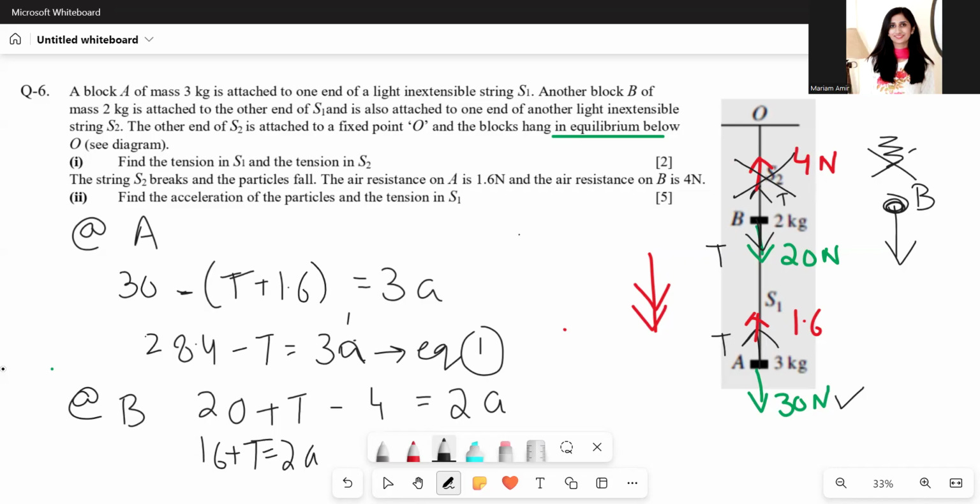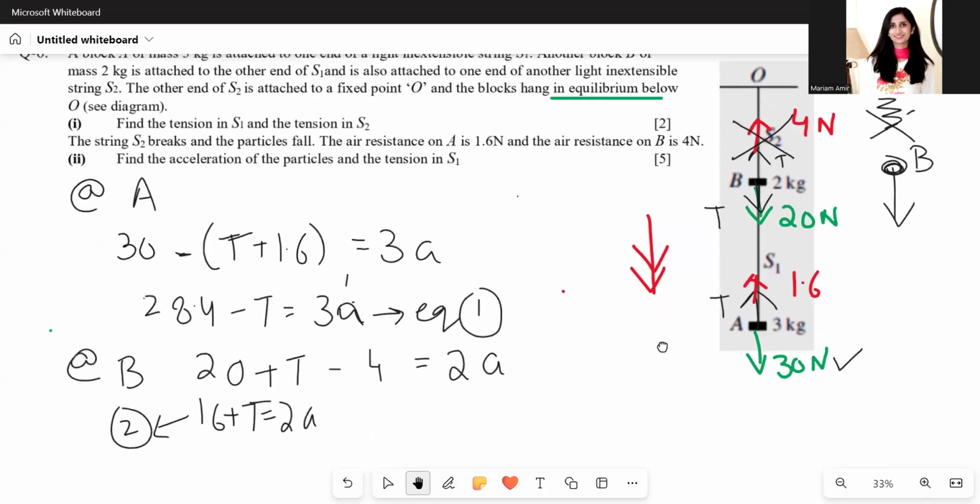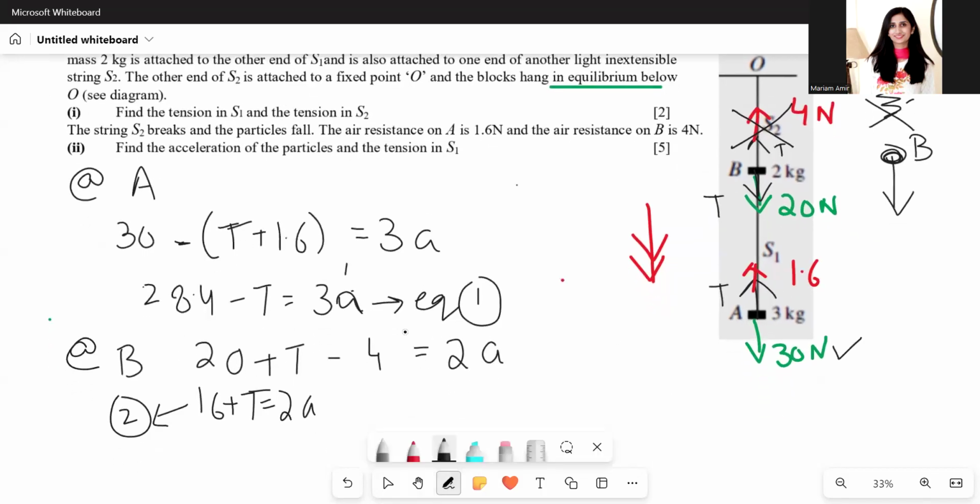We solve these two equations simultaneously and get the value of A and T. So when these two equations are solved simultaneously, we get T is equal to 1.76 Newtons and A is equal to 8.88 meters per second squared.